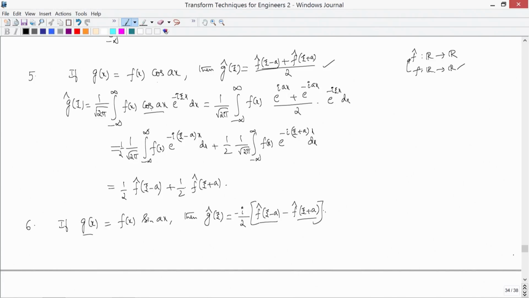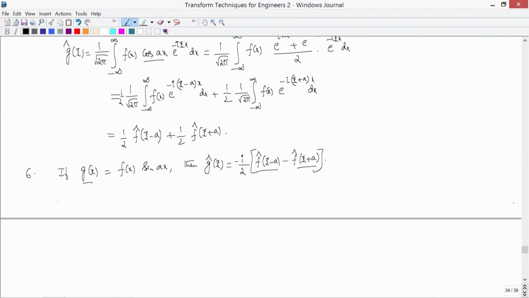So, you have this is one property. Some more properties are some corollaries, some properties which I simply give you.